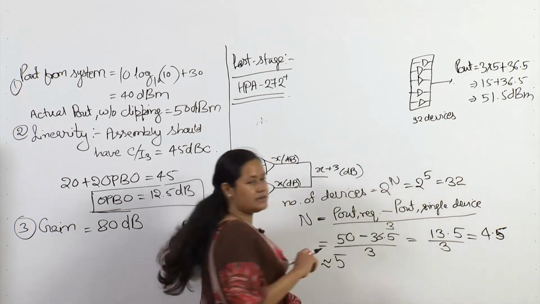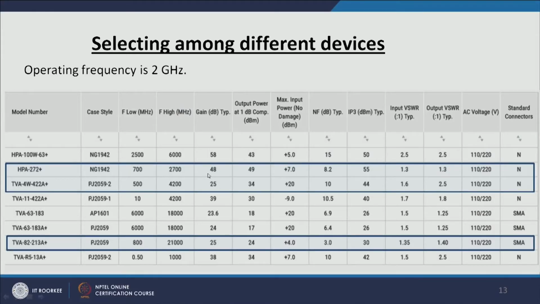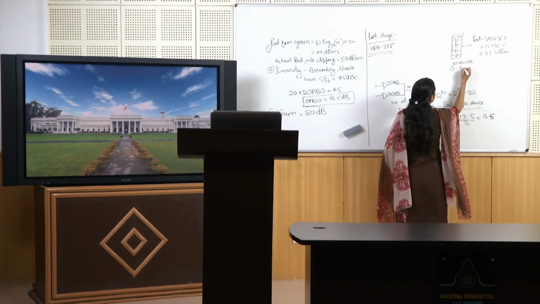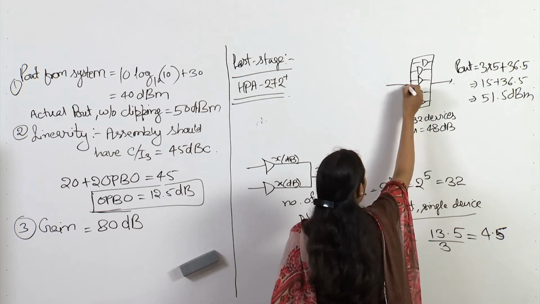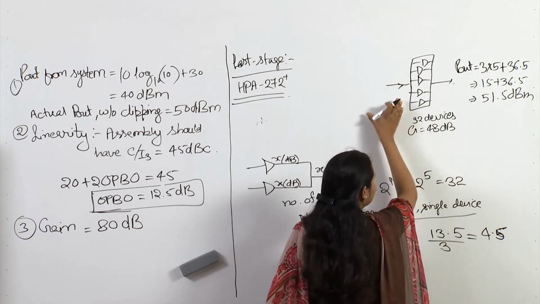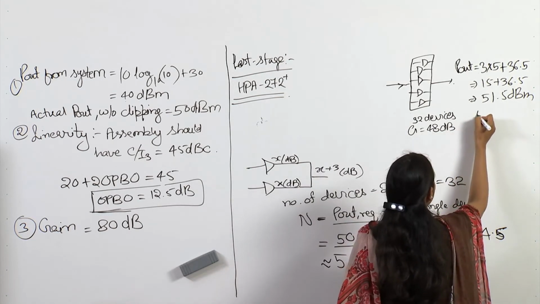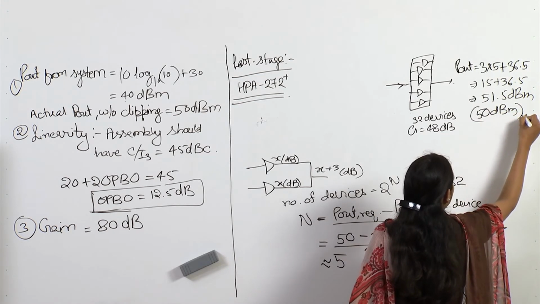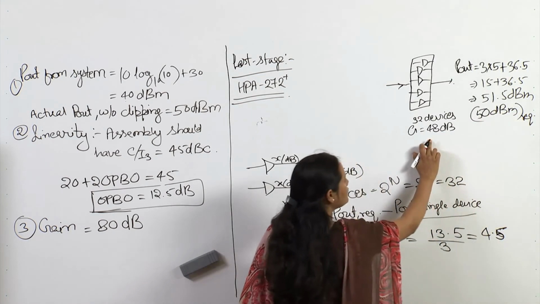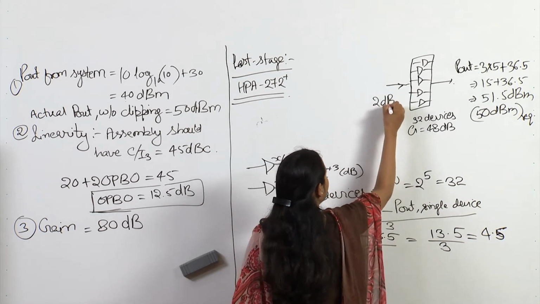Now, the gain of this particular device is 48 dB, and based on that, how much power do we require at the input of this stage? That will be 50 dBm, which was required, minus 48, so 2 dBm.